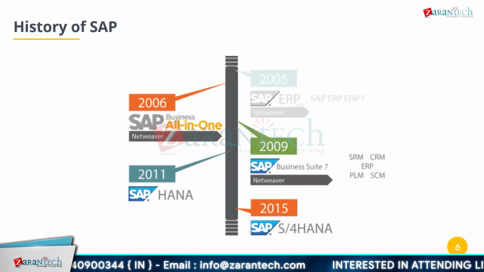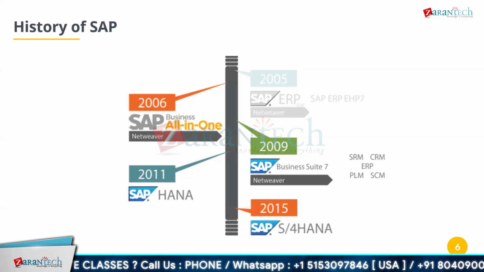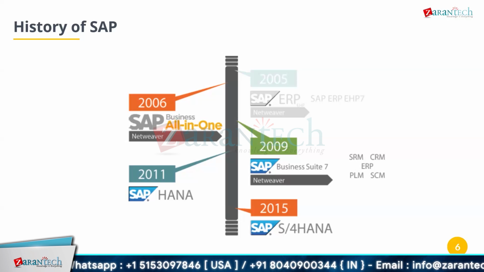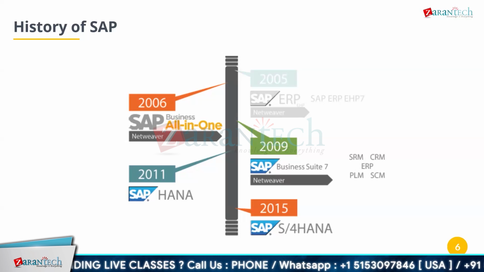After its successful implementation, in 2009 they added a few functionalities on the EHP side, integrating SRM, CRM, ERP, product lifecycle management, and supply chain management all in one, which they called Business Suite 7. In 2011 they introduced HANA specifically as HANA, but S4 HANA was introduced later, in 2015.